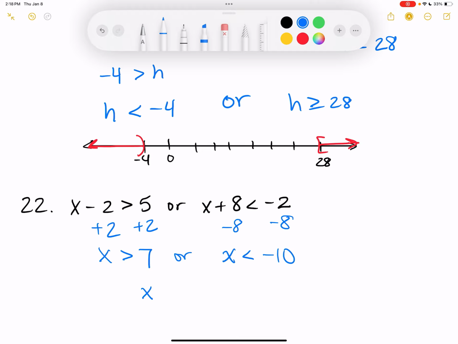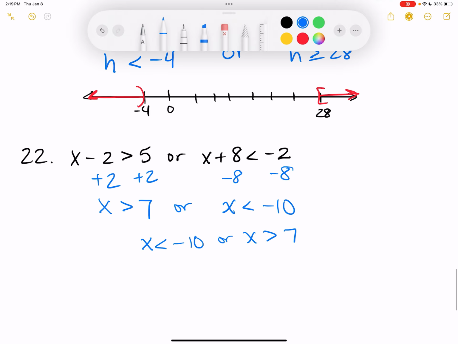How about first I rewrite them in the correct order so that I don't accidentally graph them wrong. You don't really have to, but I think it looks nicer. Negative 10 and 7. And then it's gonna be a parenthesis.